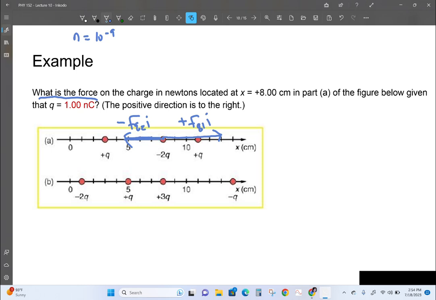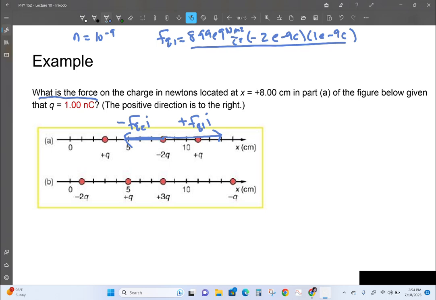And first I'm going to find the magnitude of them by using Coulomb's law. So FQ1 is going to be 8.99 e to the 9 times 2Q, negative 2Q, which is negative 2 e to the negative 9 coulombs, times 1 e to the negative 9 coulombs, divided by the distance between them squared.